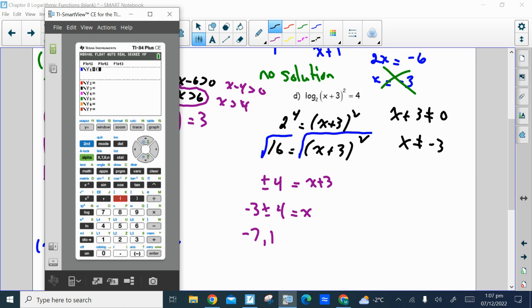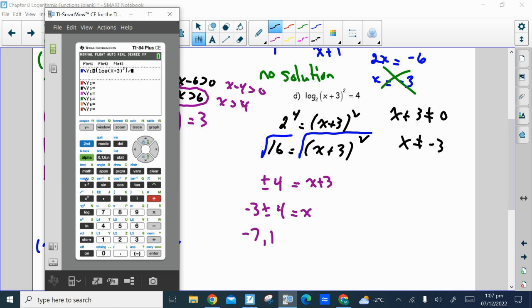So I'm going to open up a bracket, and on top I'm going to have log of x plus 3 all squared, log of x plus 3, close the bracket to square it, and then close the bracket that I opened to start with, divided by log of 2.